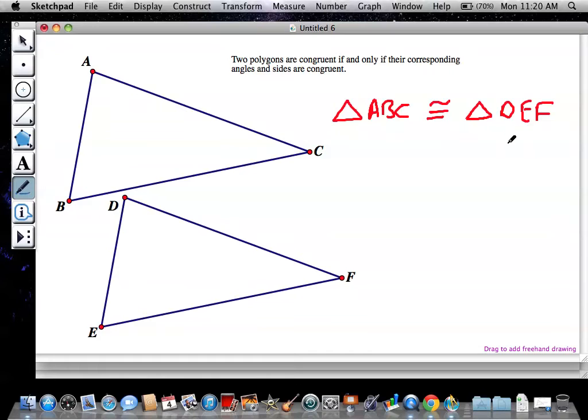So since these are congruent, I can say that angle A is congruent to angle, the corresponding one is D. Angle B is congruent to its corresponding part, E. Angle C is congruent to its corresponding part, F. I knew they were congruent, so therefore their corresponding parts should be congruent as well.